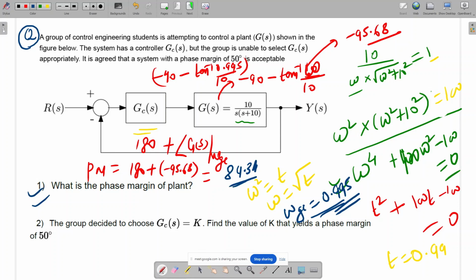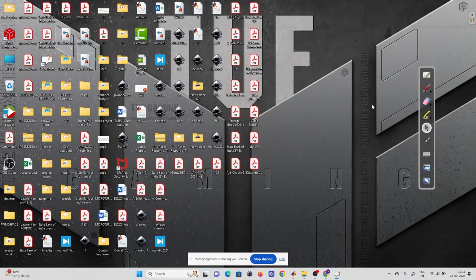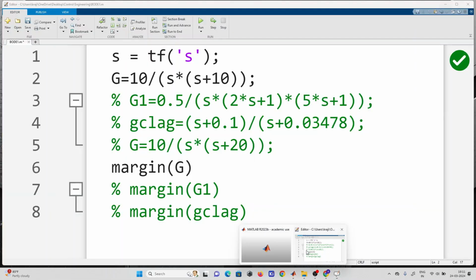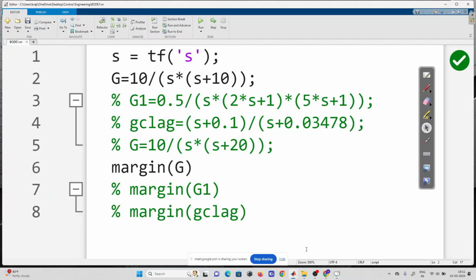Yes, sir. All of you have installed MATLAB, you are doing MATLAB also. I will show how to do this in MATLAB. Is the screen visible to all? Yes, sir. Okay, so the transfer function is 10 divided by s into s plus 10.